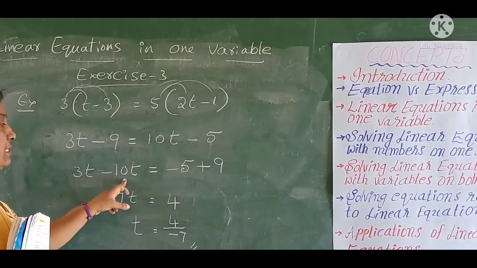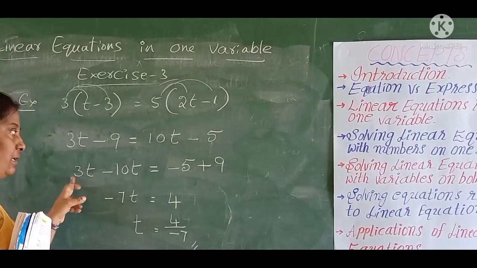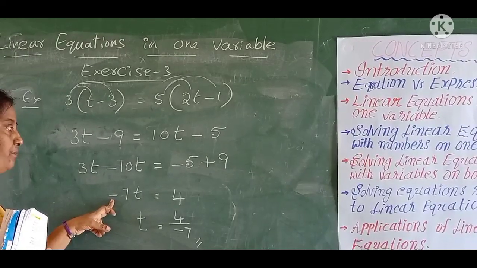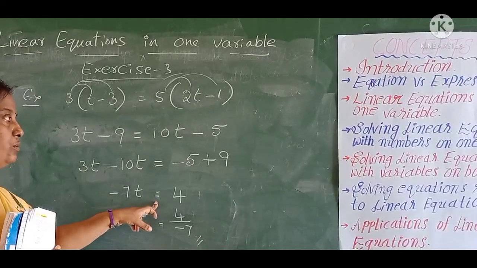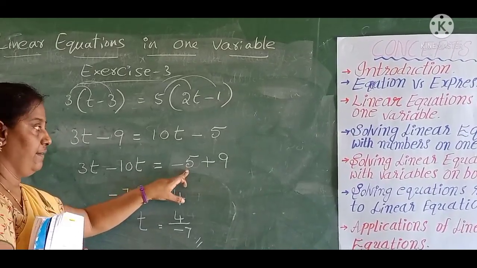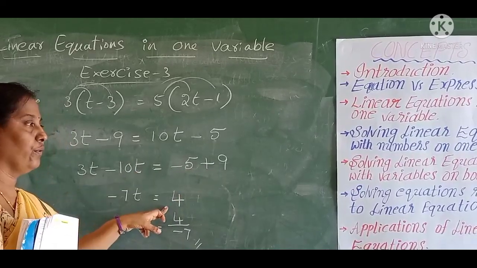So 3t minus 10t, that means 10 minus 3, that is 7. 10 has the negative, so we keep the negative symbol. Negative 7t is equal to positive 9 or minus 5. So we have to subtract here. 9 minus 5, that is 4.